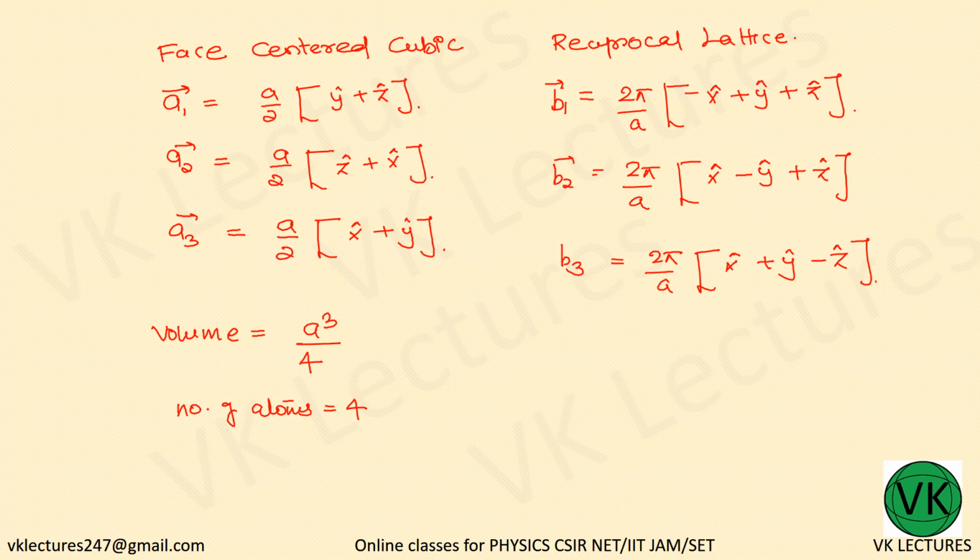So these b1, b2 and b3 are similar to the lattice vectors in body centered cubic.